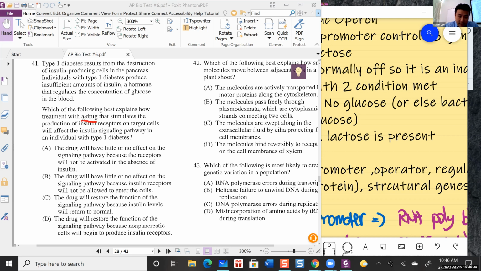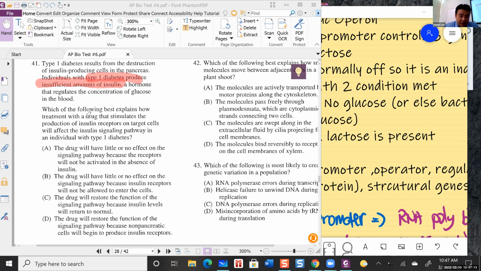So you get a drug and it's treatment, so it will help you. So what does it do? It stimulates the production of insulin receptors on target cells, and will affect the insulin signal transduction of type 1 diabetes. Okay, so here's what the problem is. They tell you that type 1 produce insufficient insulin. They don't have enough insulin. That's the problem.